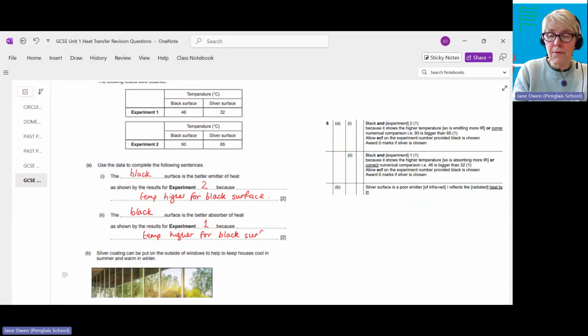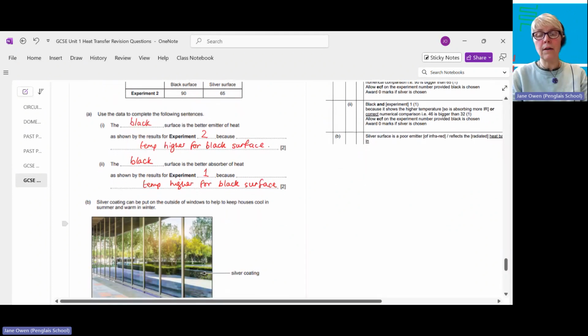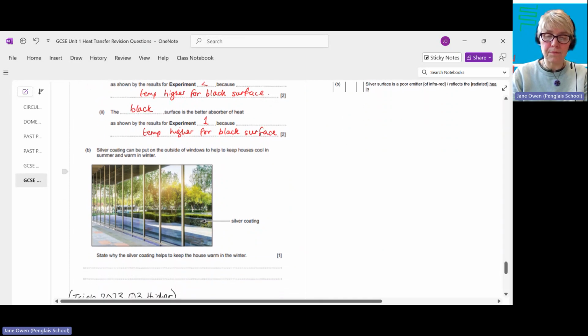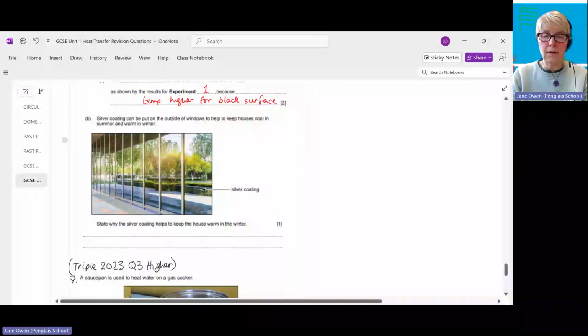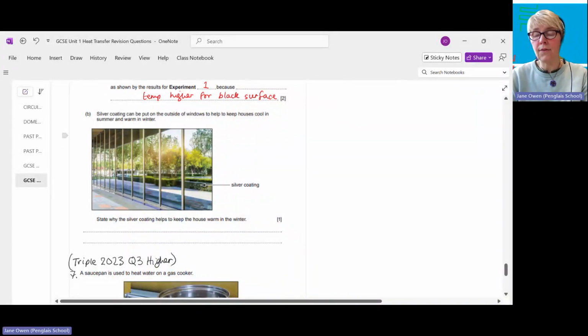It's a bit of a tricky one, because having put black for one, you're tempted to use a silver surface for the other one, and it's not the case. Don't get caught like that, because you can use an answer more than once.